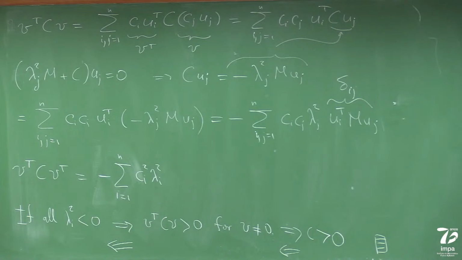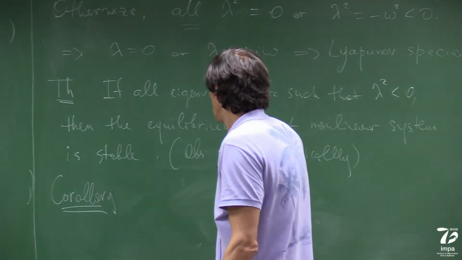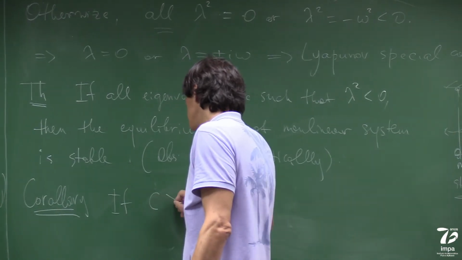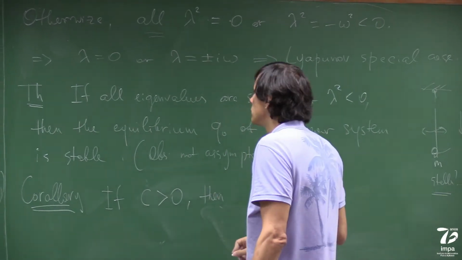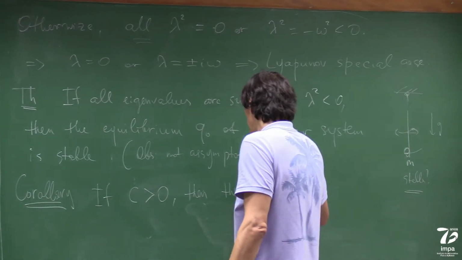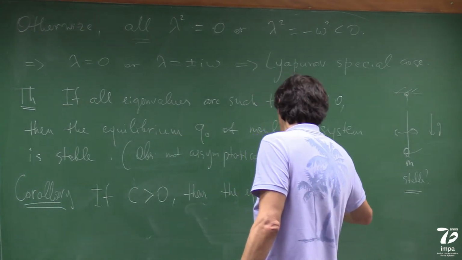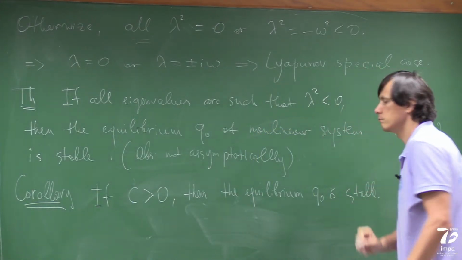So now we can rewrite this theorem and write a corollary, which uses the proposition that if the C matrix is positive definite, then the equilibrium Q0 is stable.